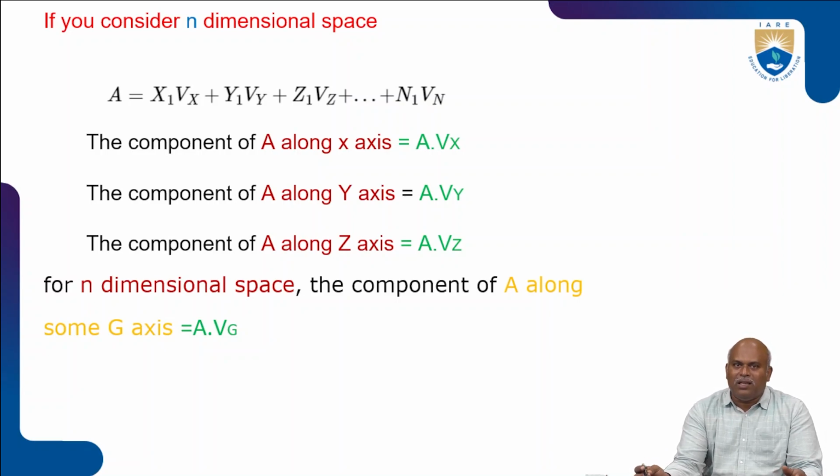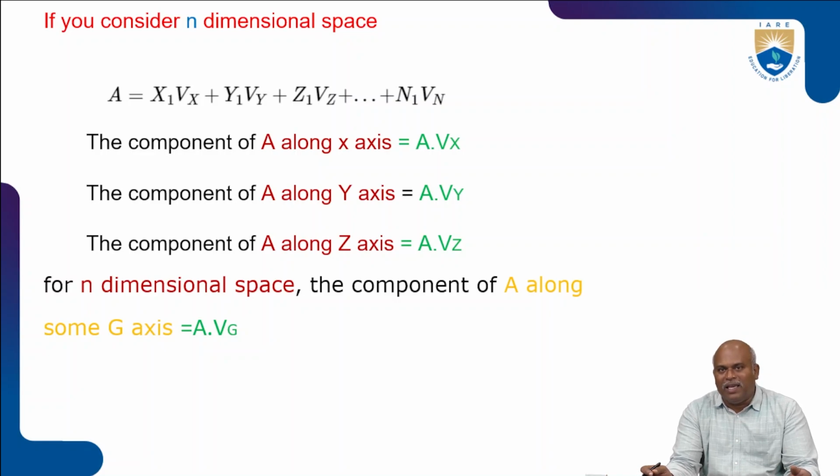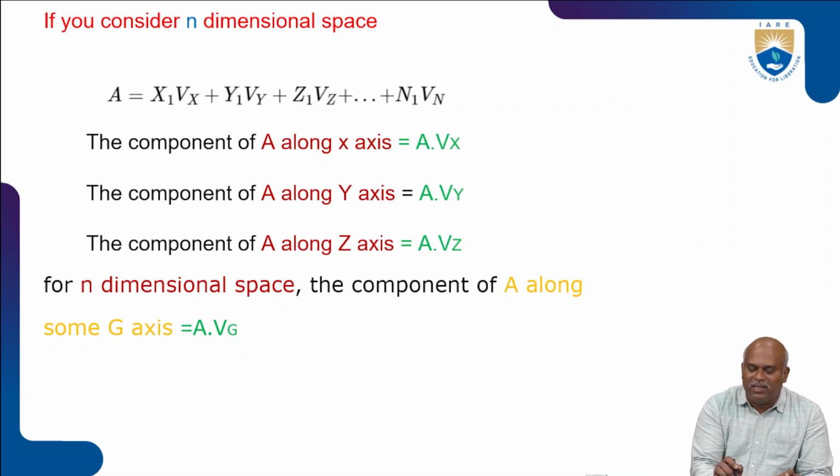So the component of A along the x-axis is represented as A·Vx. The component of A along the y-axis is represented as A·Vy. The component of A along the z-axis is represented as A·Vz. So I represent each direction, x, y and z.